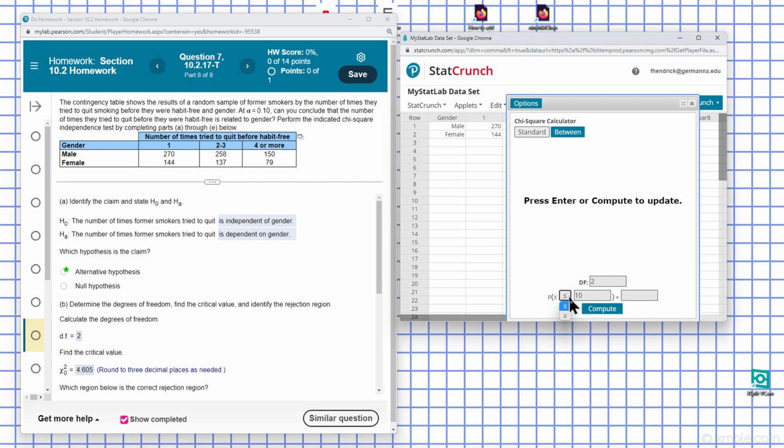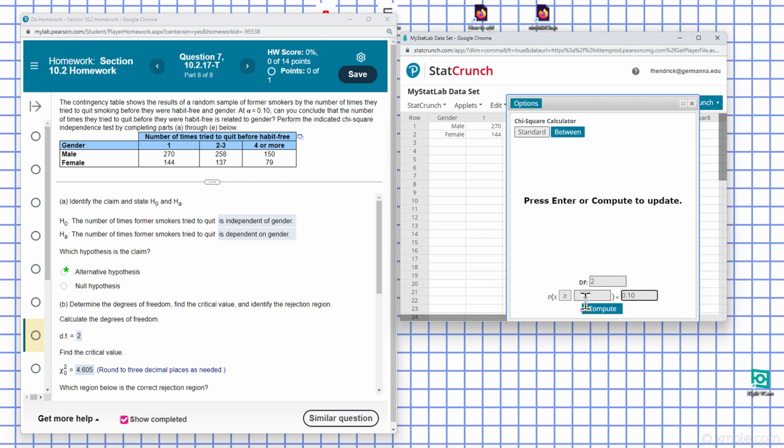Now we're dealing with a chi-square distribution. We're always dealing with it from the right. And our alpha in this case is 0.10, with 2 degrees of freedom, and we have the area underneath the curve.